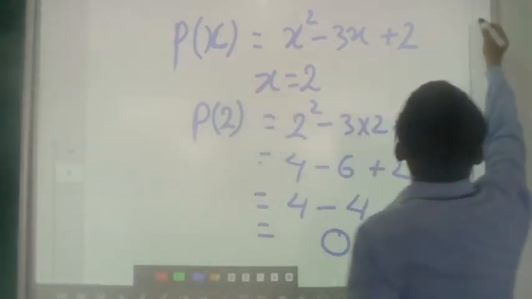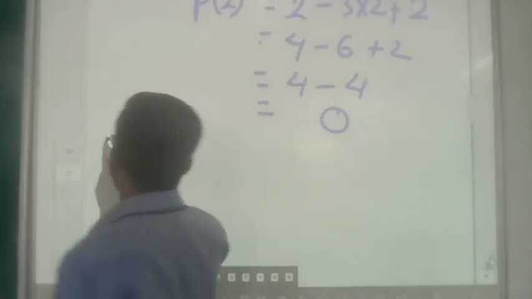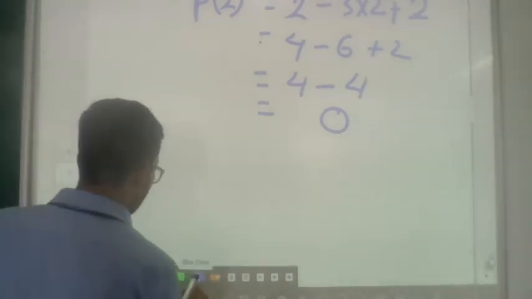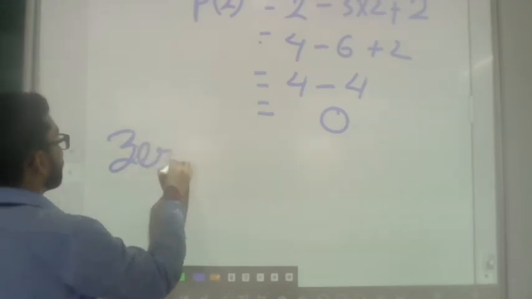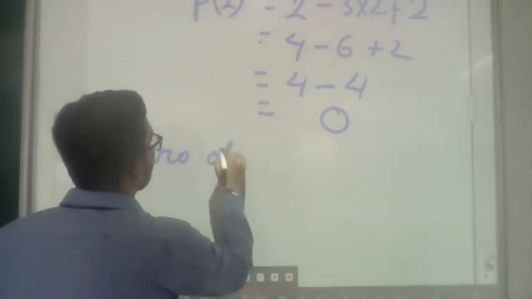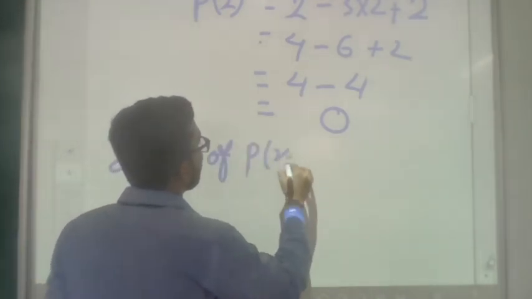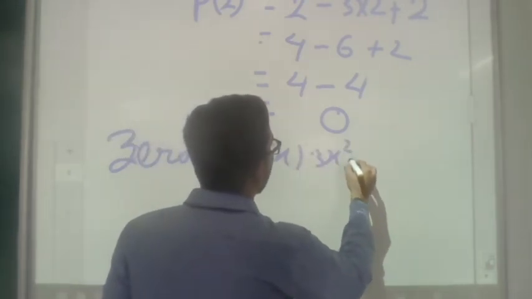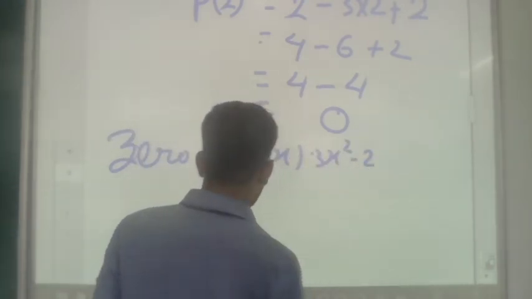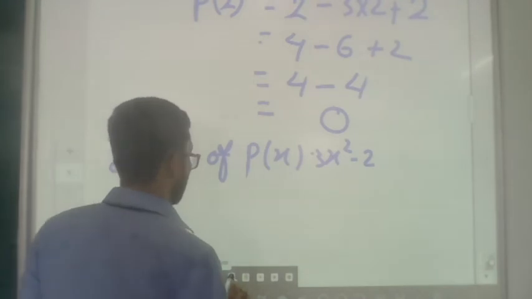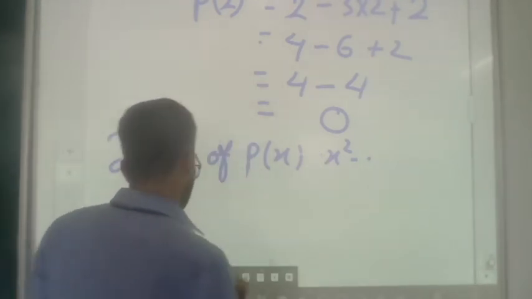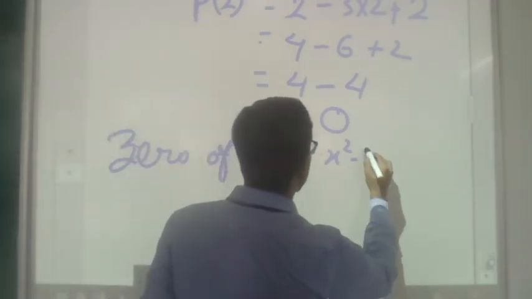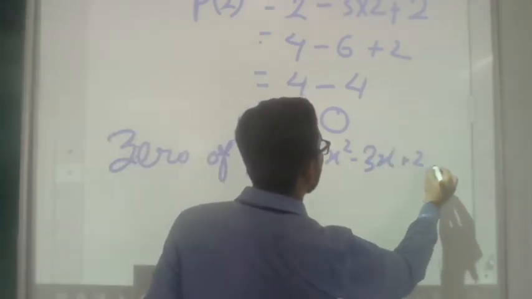That is why we write that the zeros of the polynomial x squared minus 3x plus 2 are 1 and 2.